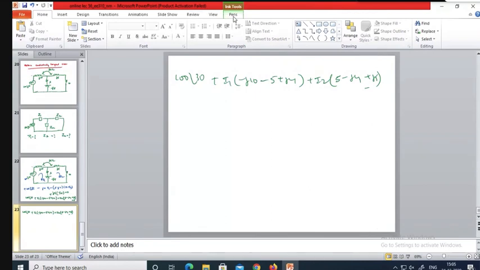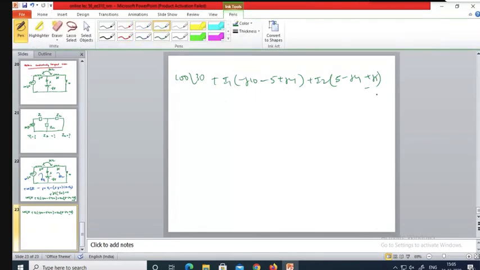So what happens here? This is equal to 0. Simplify. 100 angle 30 is equal to I1 into 5 minus J6 plus I2 into minus 5 minus J1, that is equal to 0.